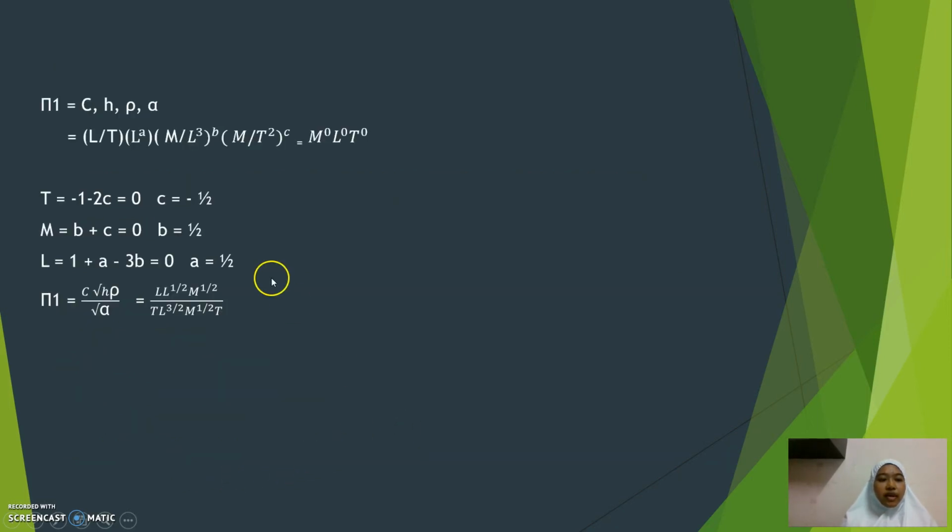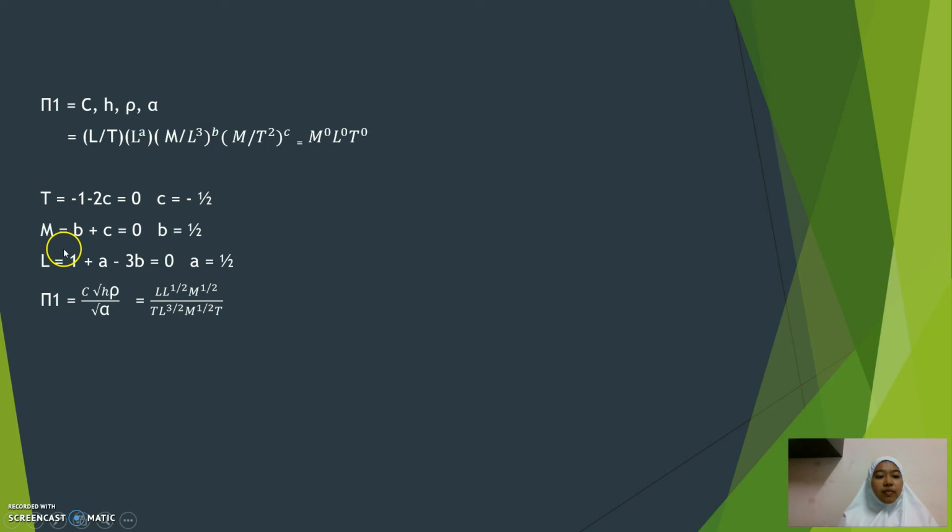So for pi 1, we'll choose c, h, rho, and alpha. We'll insert the dimensions for each and also the power of each dimension. So we'll get something like this, equals M to the power of 0, L to the power of 0, and T to the power of 0. So we'll solve for M, L, T. We get T: negative 1 minus 2c equals 0, so c equals negative half.